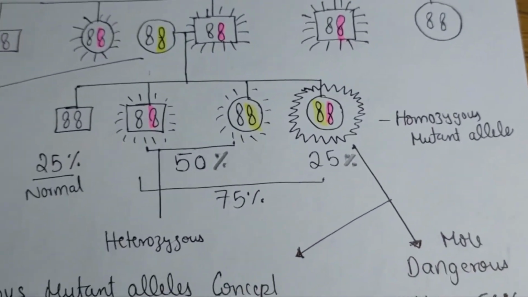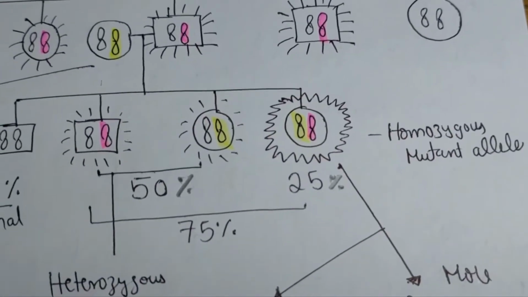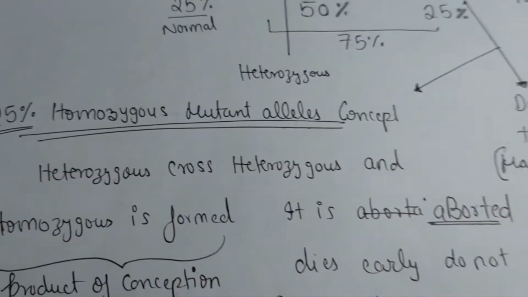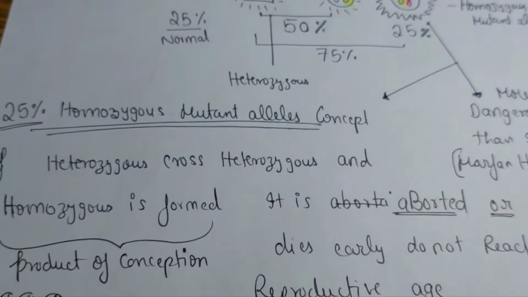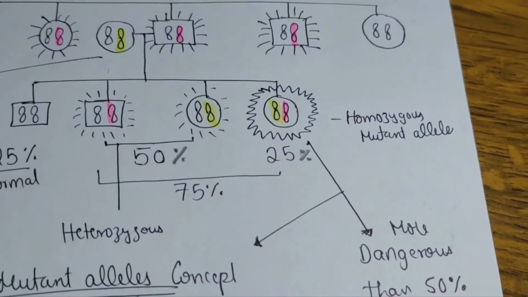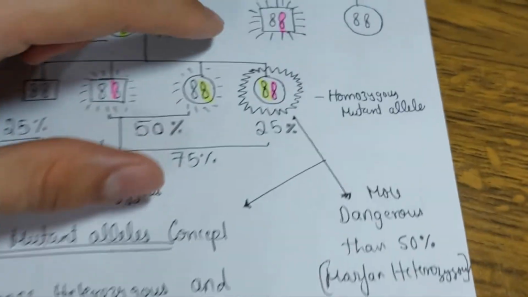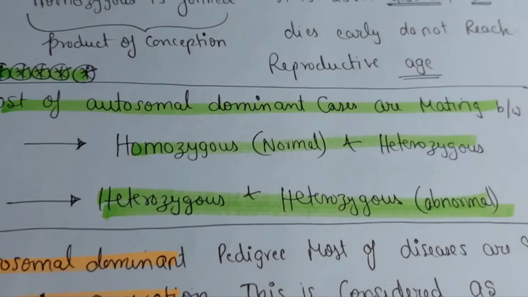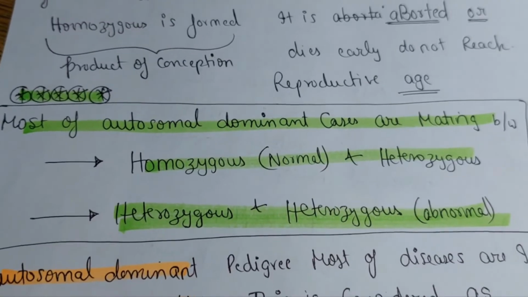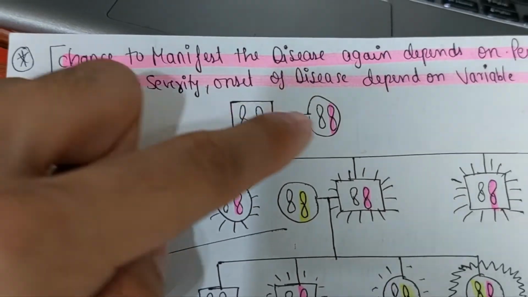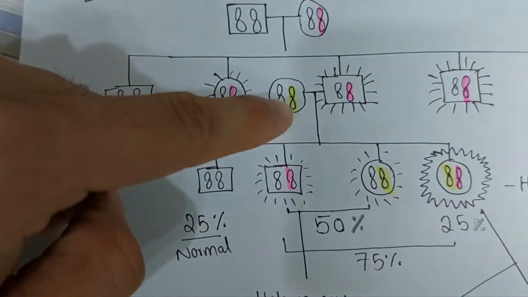Such kids, when two heterozygous parents cross with each other, are usually aborted or do not reach reproductive age and die early. So we came to know from this that most autosomal dominant cases are due to a cross between a homozygous parent and a heterozygous parent, or a heterozygous parent and a heterozygous parent.